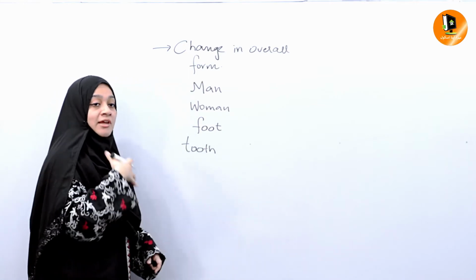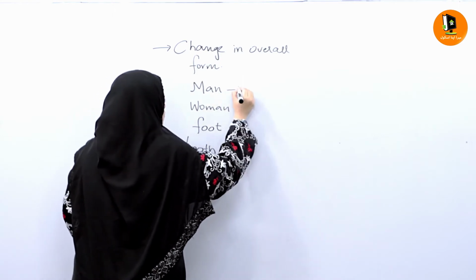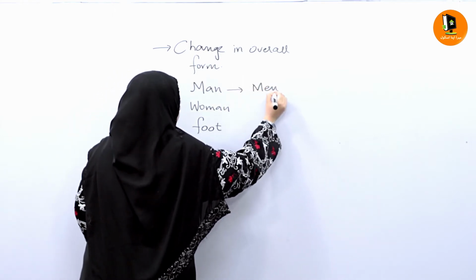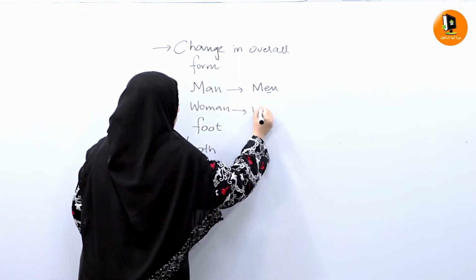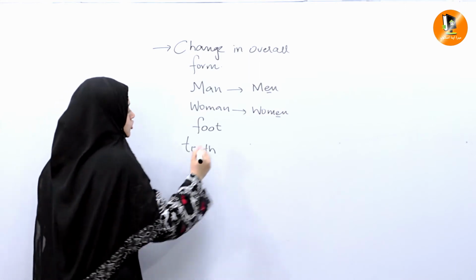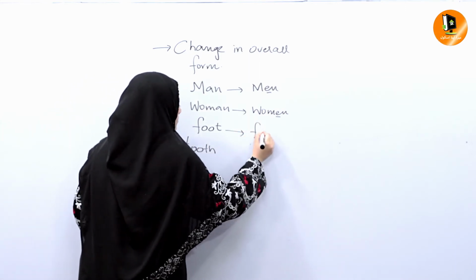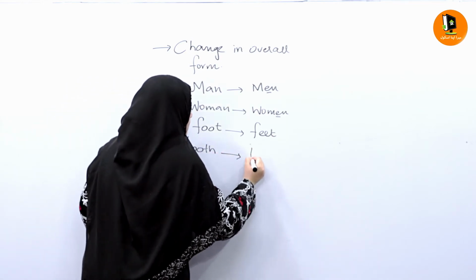All of these can be entirely changed. Let's see how. The man changes to men. Woman changes to women. Foot changes to feet. And tooth changes to teeth.